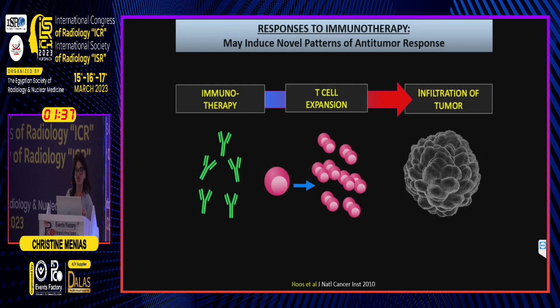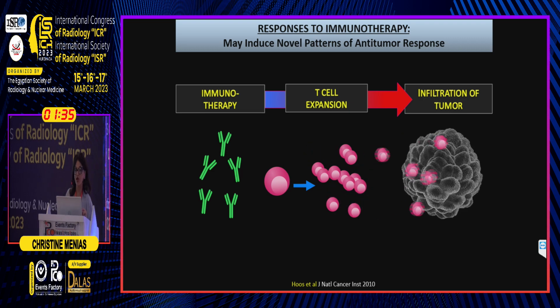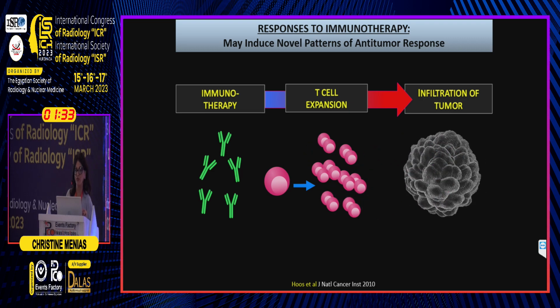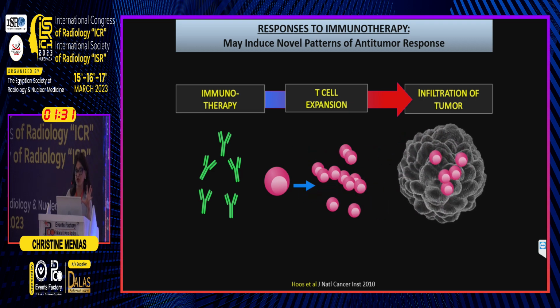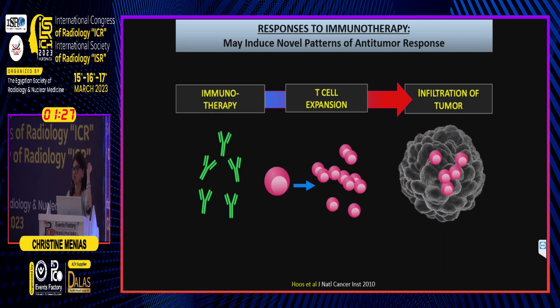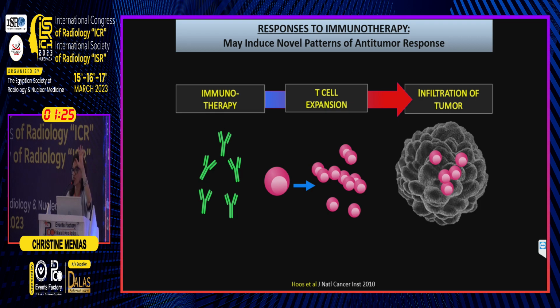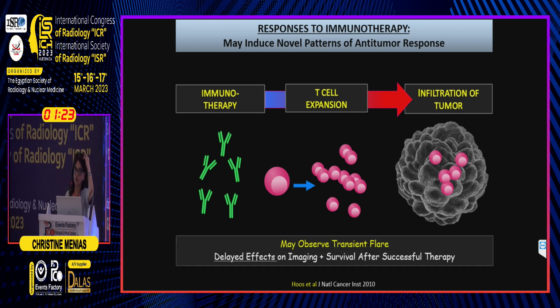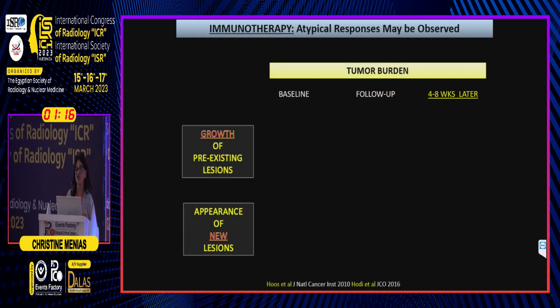Last thing we're going to talk about is what happens when the patients are on immunotherapy and the tumor gets bigger. Why? The T cells are attacking the tumor, and all of a sudden you start seeing the tumor getting bigger. This is one thing that you want to remember. It's about 15% of our patients. You will see an increase in size in these tumors, or even new tumors that develop under the immunotherapy.